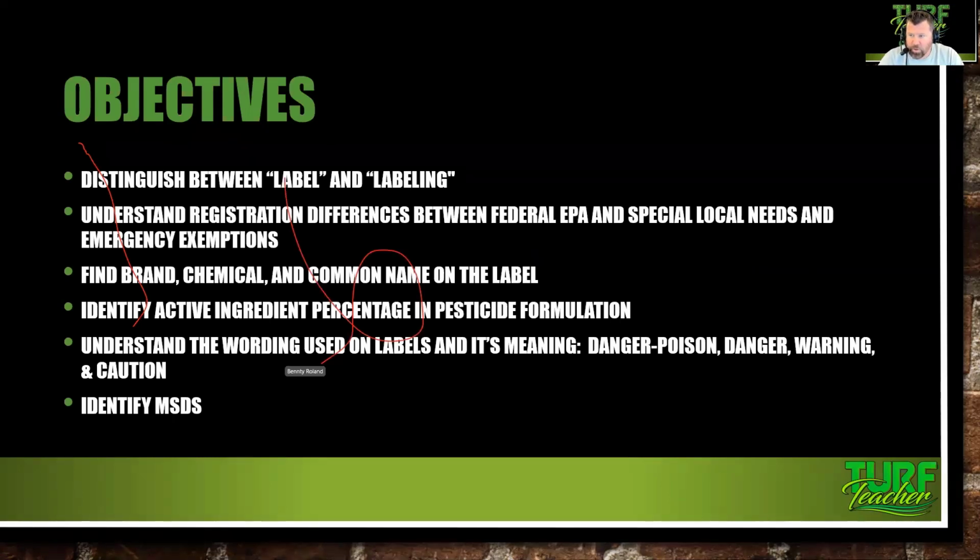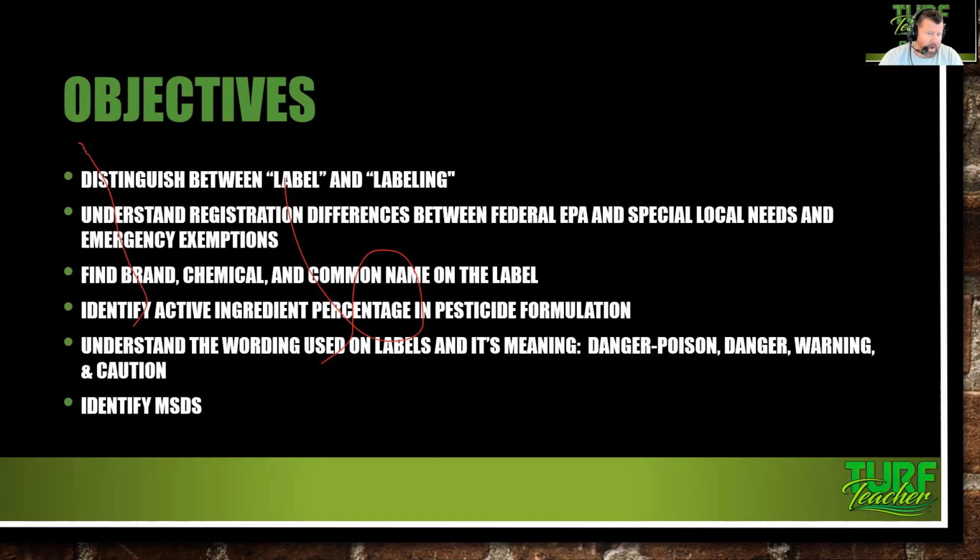We are going to understand registration differences between federal EPA and special local needs and emergency exemptions. I haven't personally had to deal with any of those, but there may be some people here in the webinar that have.